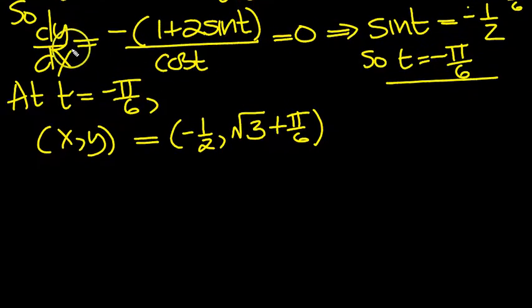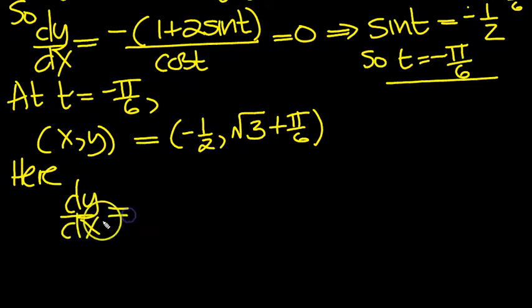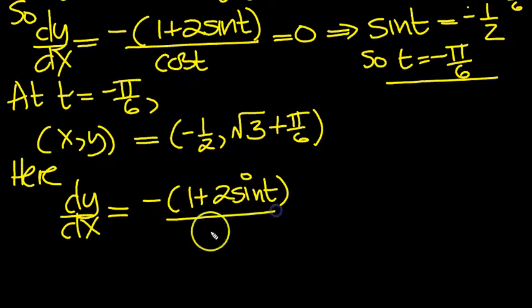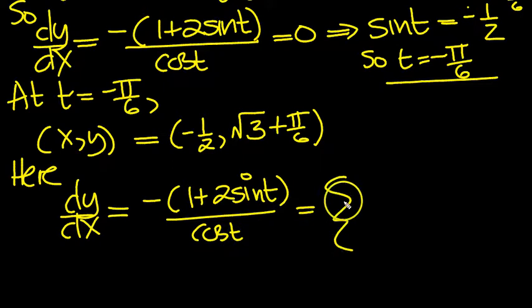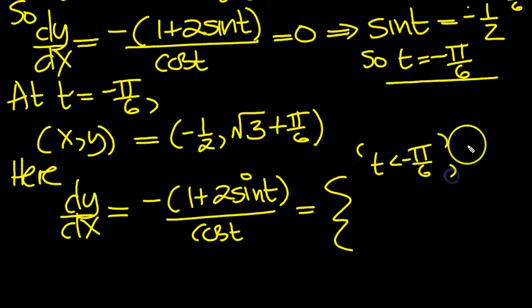Well, let's have a look at the gradient function here. dy/dx is equal to minus 1 plus 2 sin t, let's just write it out again, over the cos t. Now, let's look at t slightly less than minus pi over 6, and t slightly greater than minus pi over 6 and see what we get.